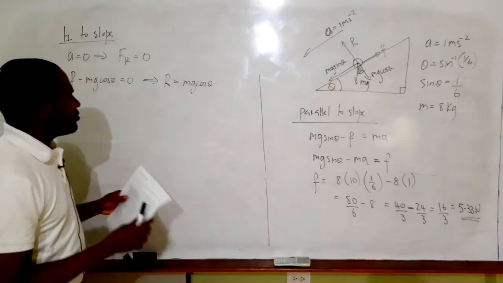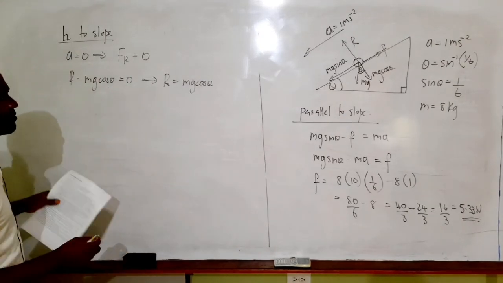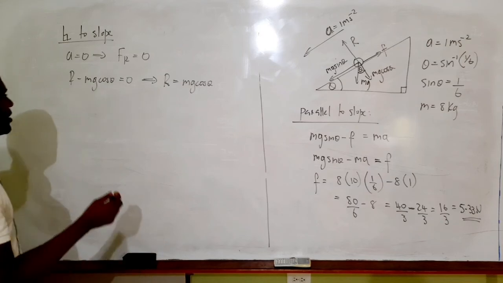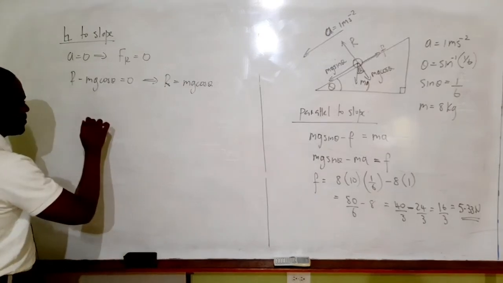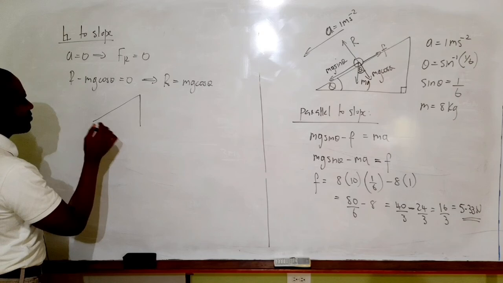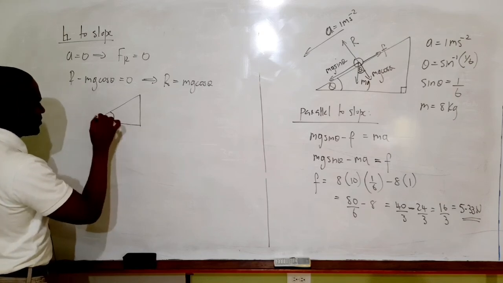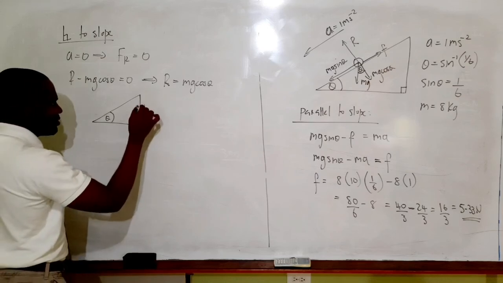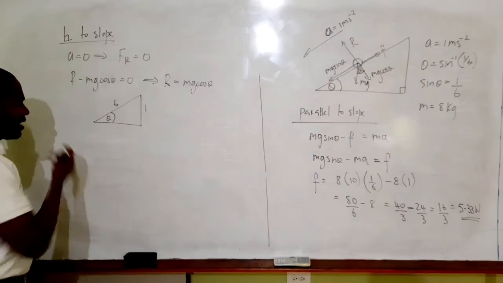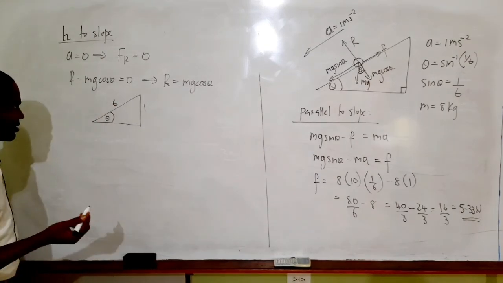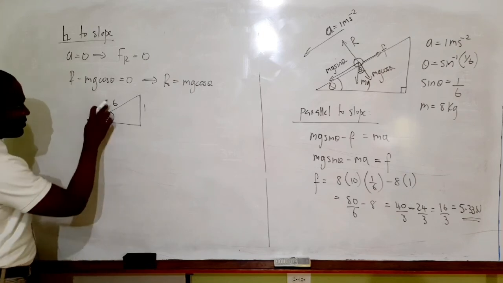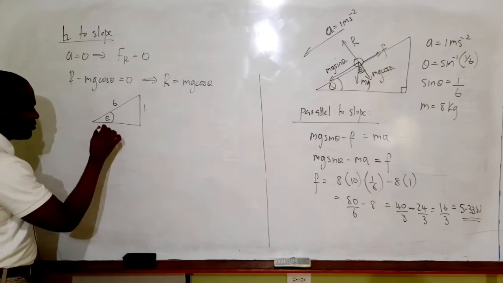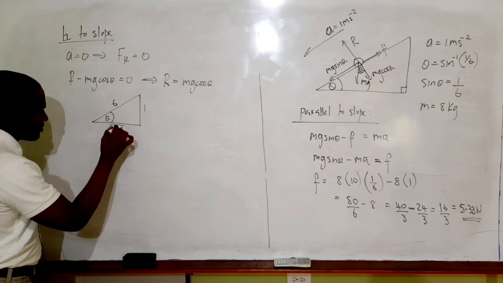We could work it out though, because basically we could do it one of two ways. Let's just draw a little triangle here. Theta. We're told that sine theta is equal to 1 over 6. So this is 1, then this would be 6, and by Pythagoras' theorem, then this would be root of this squared minus that squared. This would be root of 35.